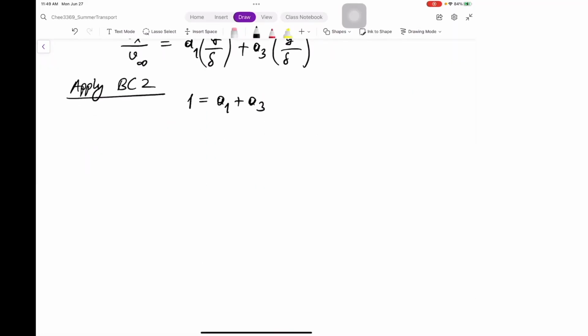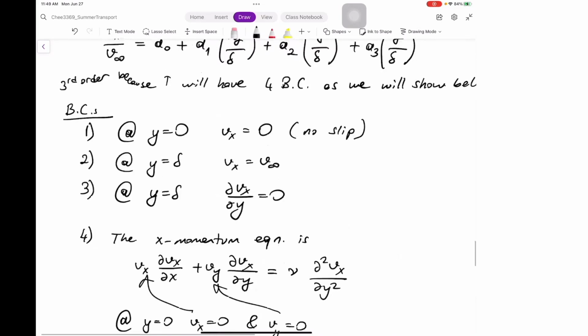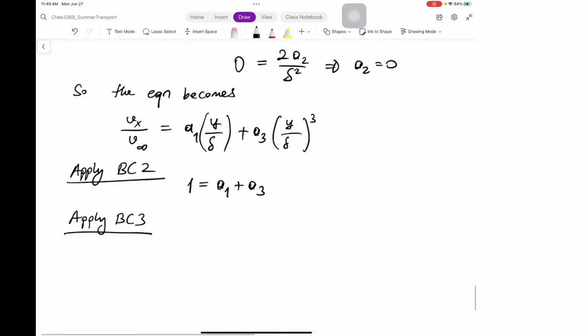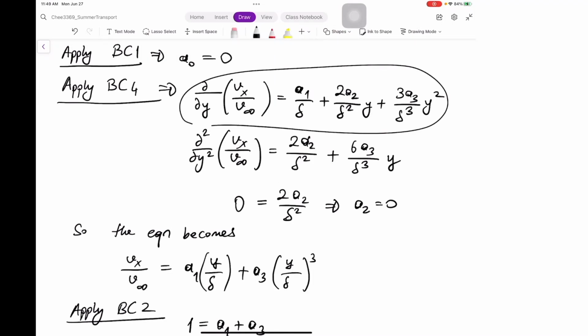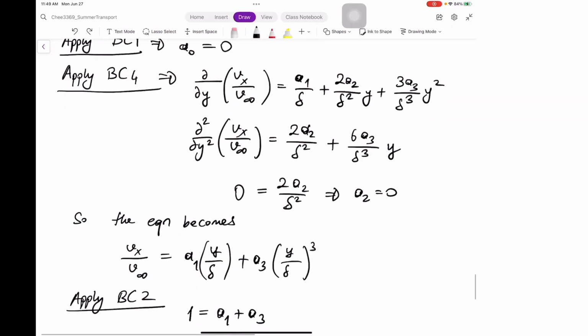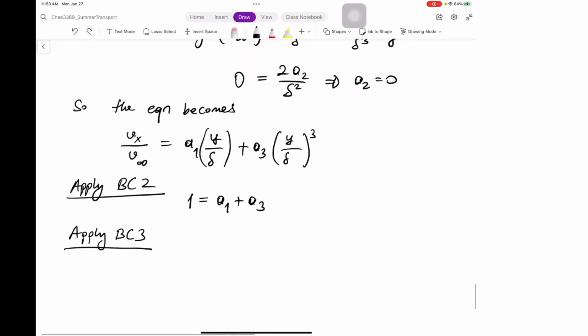That's one equation. Another equation comes from boundary condition 3, the last one that's left. At y is equal to delta, del Vx over del y is 0. We already calculated del Vx over del y. This one must be 0 at y is equal to delta.